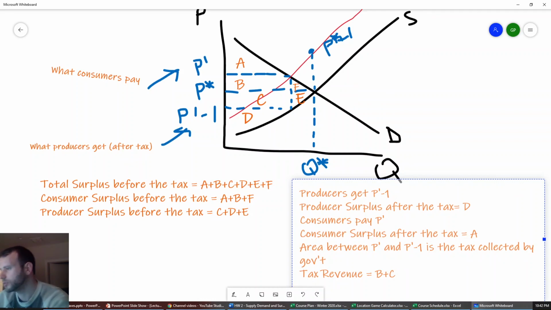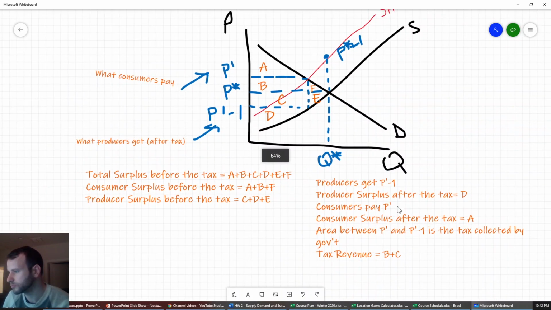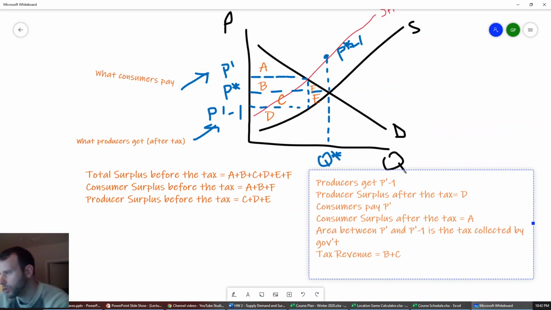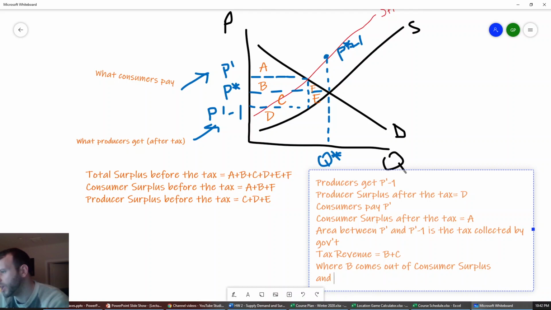Where B comes out of consumer surplus and C comes out of producer surplus.